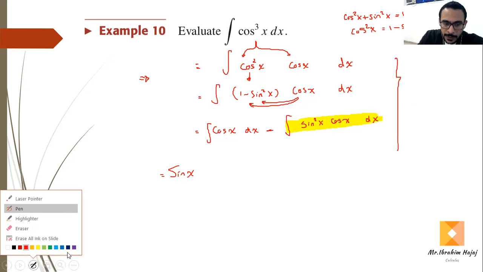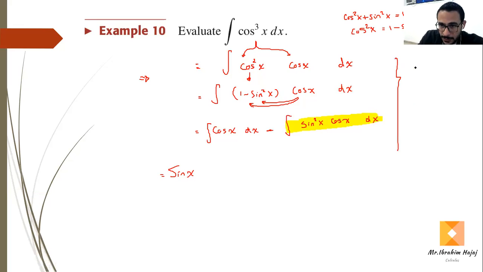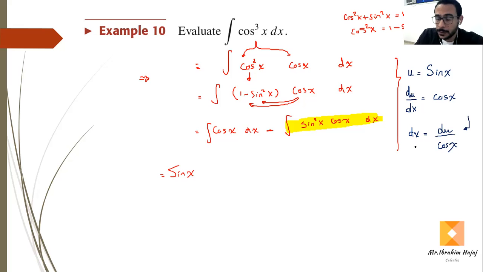I start using the substitution method only for the sine squared cosine x part. We let u be sine x, the one under the power, always. And du over dx, the derivative of this part, is cosine x. Now dx equals du over cosine. We used to do this step directly, du to get the dx.